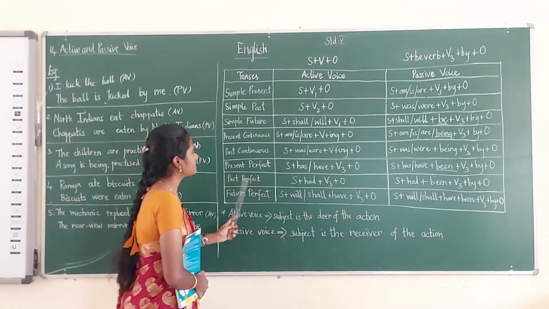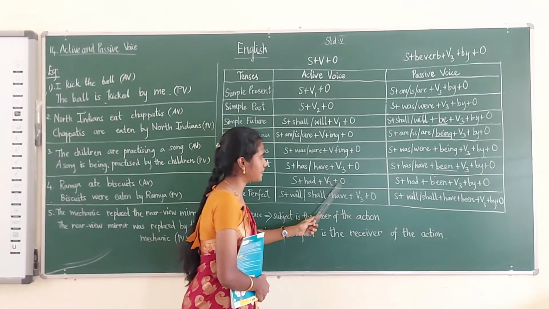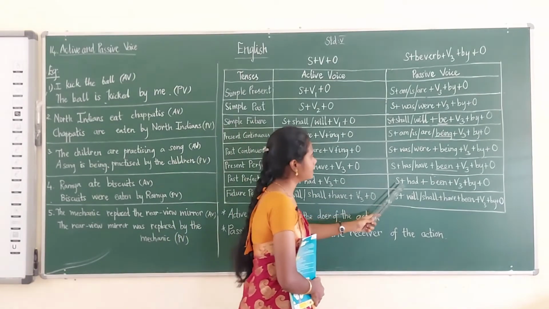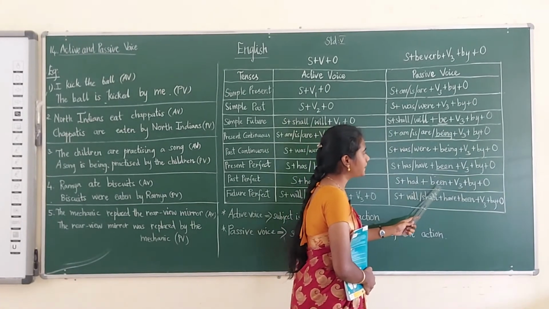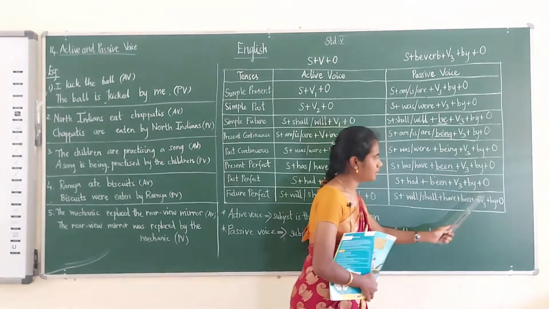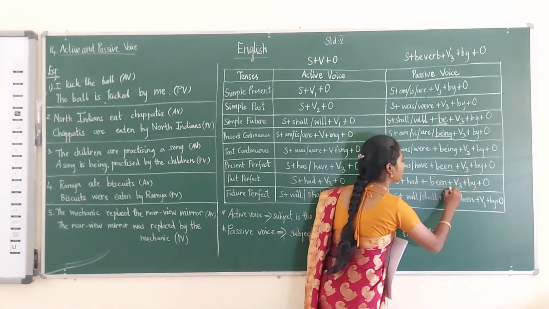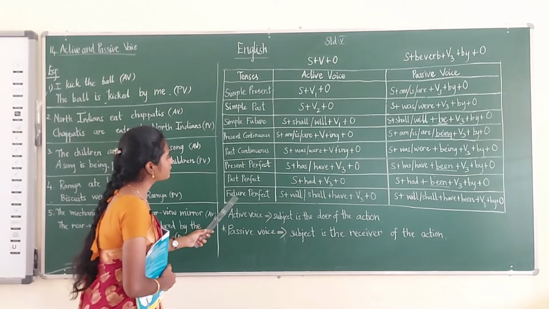Okay, in past perfect, subject plus had plus past participle plus object, and in passive voice the structure is subject plus had plus been plus past participle plus by plus object. Here also we have to include been because it is perfect. Okay, the next one is future perfect.